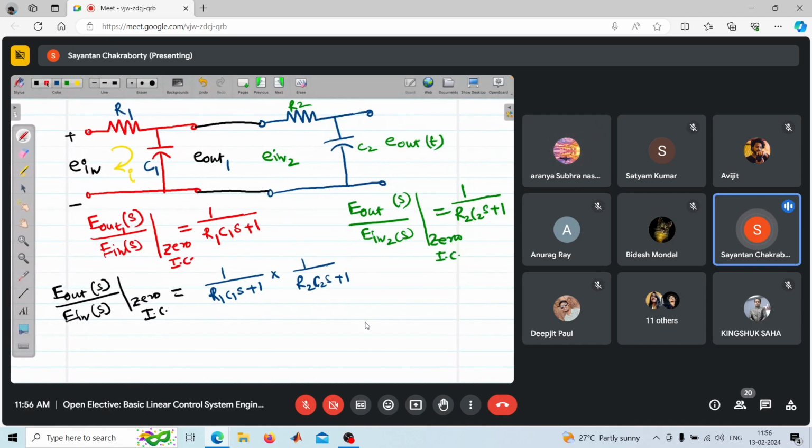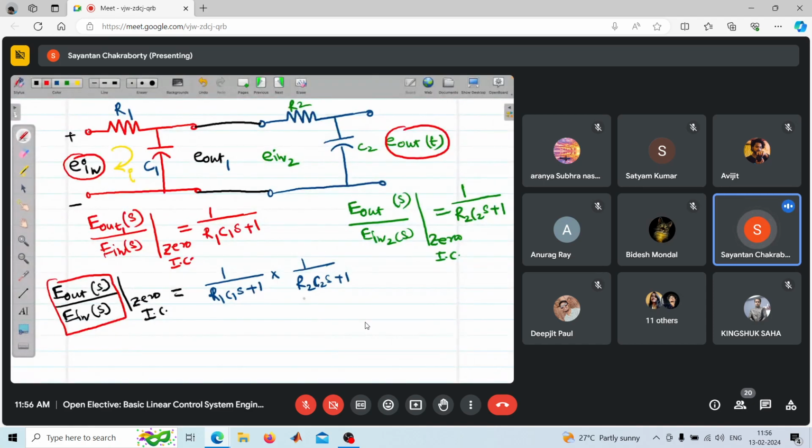I think it will be multiplication. Yes sir, it will be multiplication, E out 2 by E in 1. This is your E in, this is your E out.